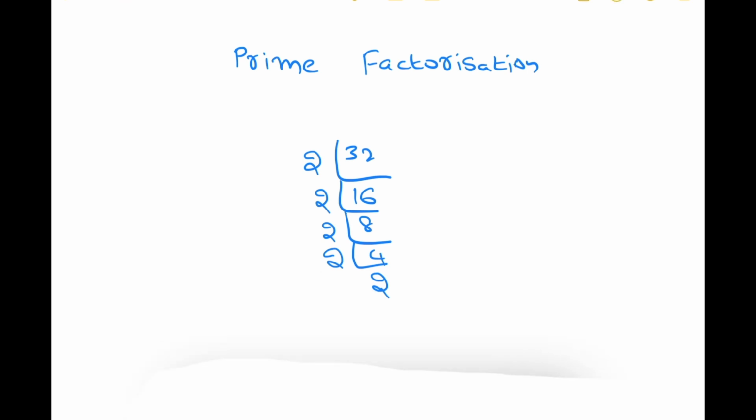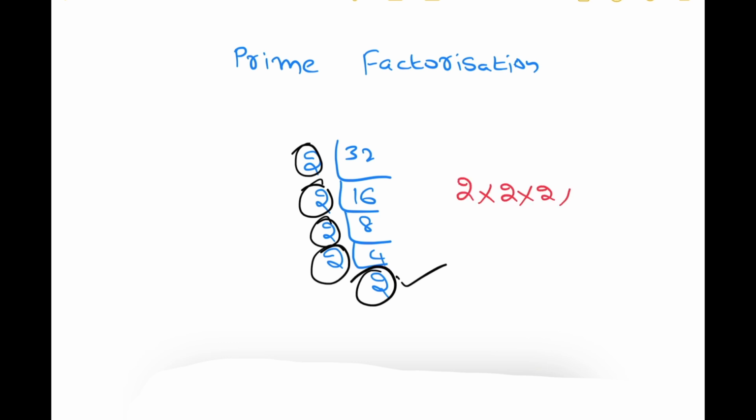Now the last number is 2, a prime number, so we can stop. So 32 equals 2 into 2 into 2 into 2 into 2. If you multiply again, we need to get 32: 2 twos are 4, 4 twos are 8, 8 twos are 16, 16 twos are 32.